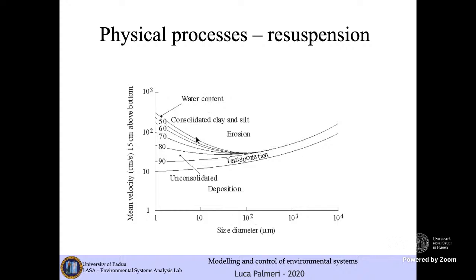So you will have different curves according to different water contents. How can you employ these graphs? For example, let me see if I can make some drawings, terrible drawings. Please forgive me.